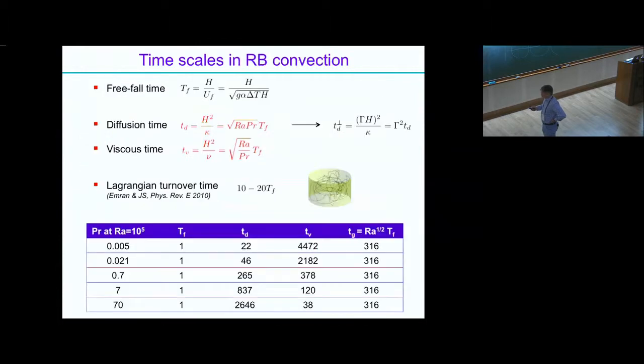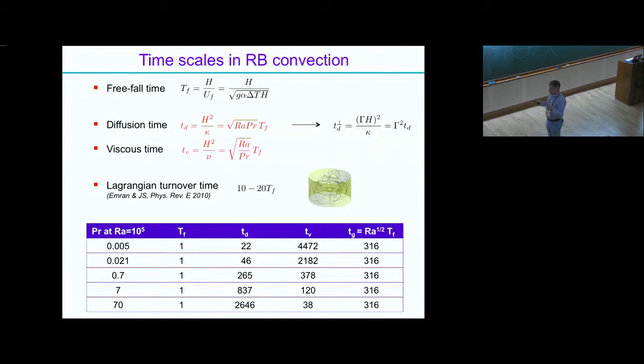So now I'm coming to the time scales and hope to answer Srini's questions. What are the time scales which we have in our system? Well, there's the freefall time scale, which is a rather short time scale. There are even shorter time scales if you move further down to smaller scales.